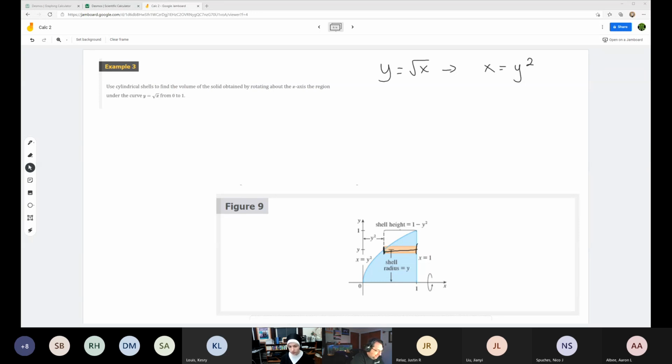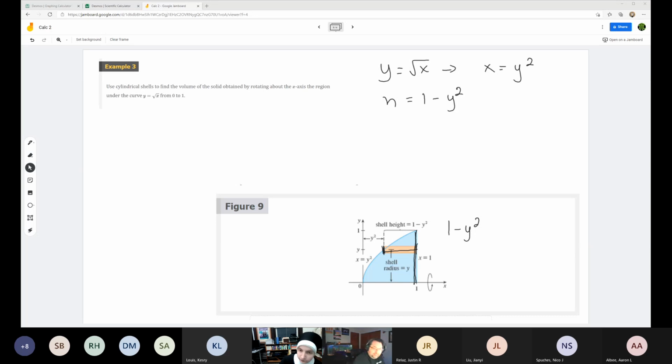So since y squared is the function, and it's all the way over to y equals 1, since this is the actual endpoint, my height is 1 minus y squared. Because we're actually going to find the height going back to this value here. So it's 1 minus that. The value is going to give me the height of my shell, because that's what's inside of the curve. So my height is 1 minus y squared.